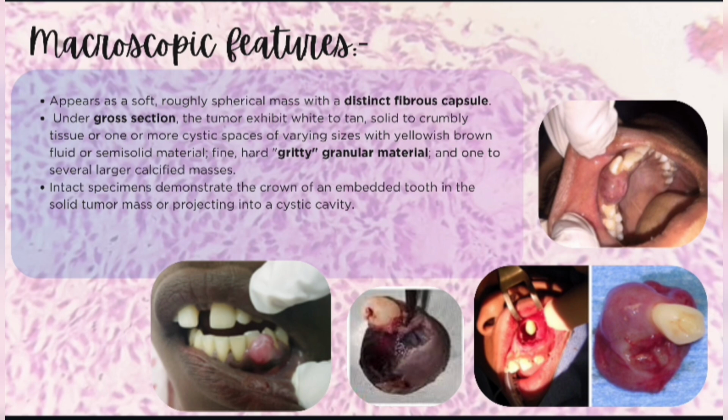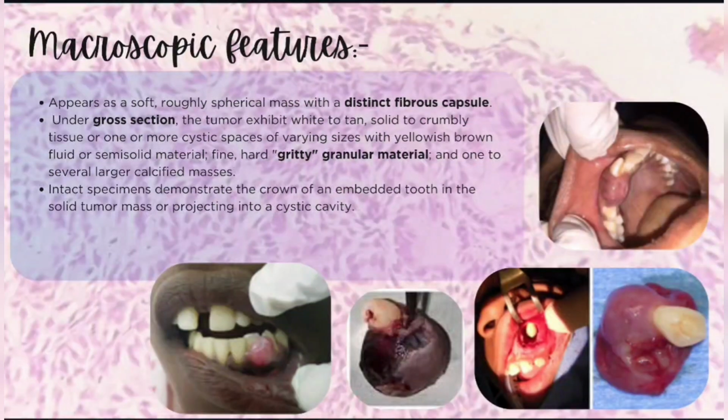But for example, if there was a malignancy growing in there, then this fibrous capsule would not be present, as the tumor cells would be growing very aggressively and fast, and there would not be time left for fibrous tissue formation. Under the gross section, the tumor exhibits white to tan, solid to crumbly tissue.